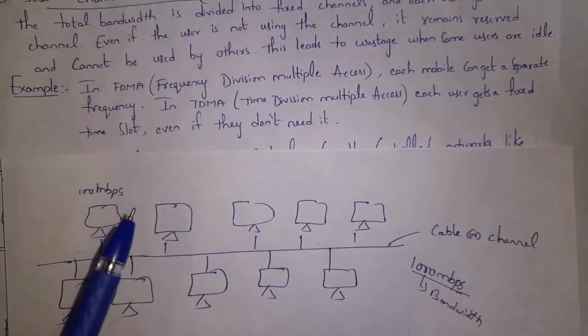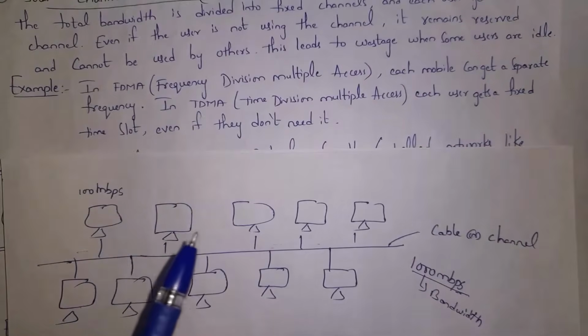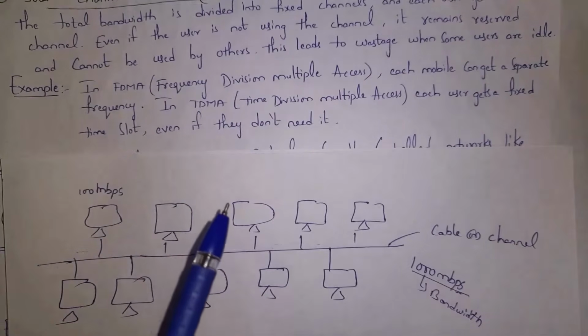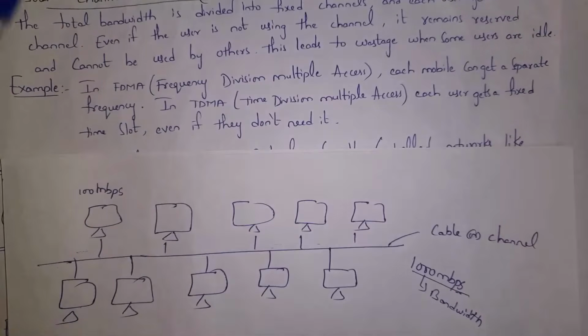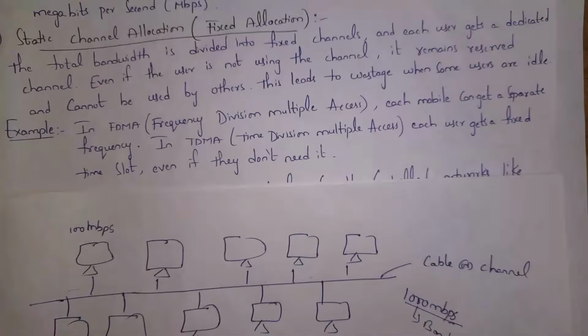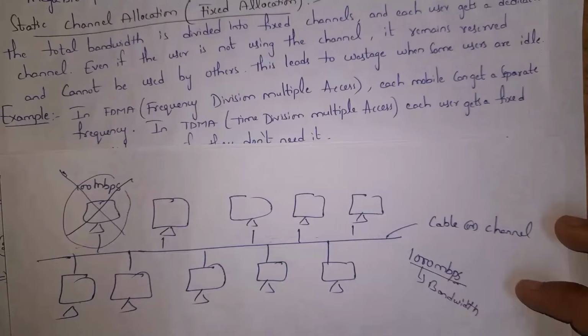The entire time in the network is divided into smaller time slots, and each user is given one time slot. In that particular time slot, the device can communicate. Thus, in static channel allocation, we pre-assign fixed bandwidth to each user. If the user uses that bandwidth, then there is no problem. But if the user doesn't use that bandwidth, then this bandwidth is wasted.